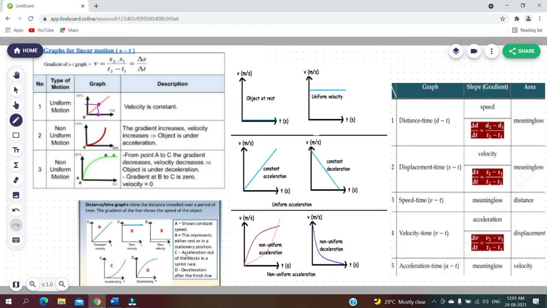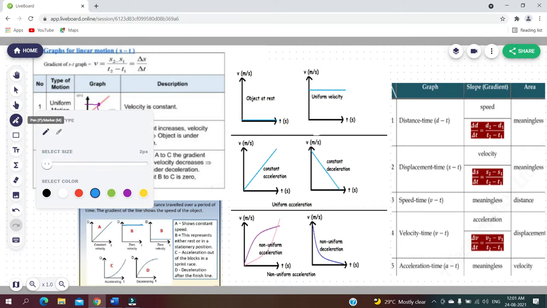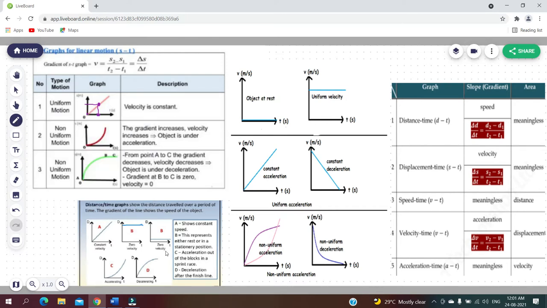Suppose if you have to find the velocity, what will we do? Take any 2 points over this graph. Mark this point, then take this point. Again, follow the same process. Draw one perpendicular line to the time axis. This will be t2. Draw another perpendicular line to the time axis.